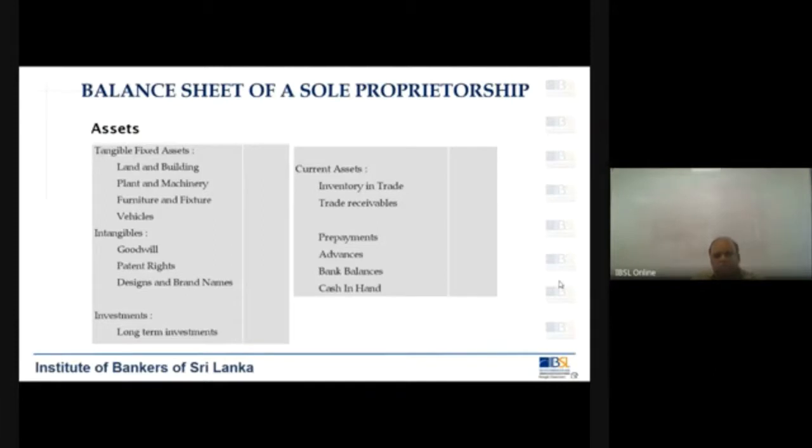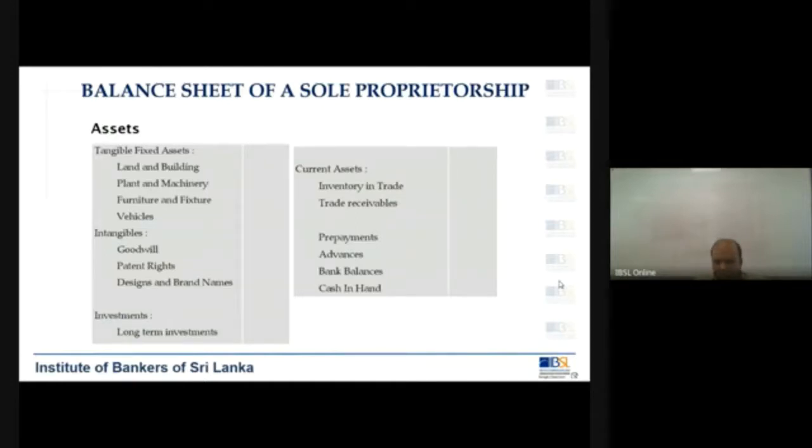And this is the structure of a balance sheet, how it appears. You have tangible fixed assets, intangibles, investments, and current assets. I have given you this balance sheet with a larger scope. Not every sole proprietorship will have those. Some sole proprietorship businesses might not have any fixed assets.